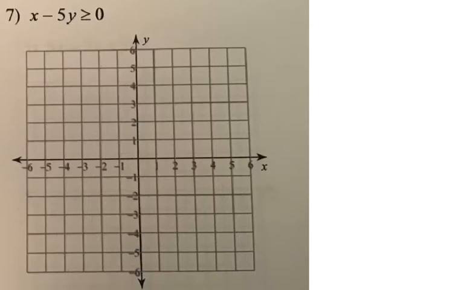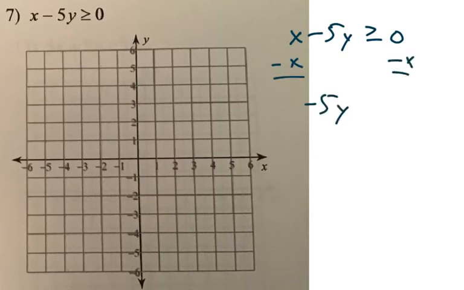Okay, guys, pause the video if you need to, but let's try this one. Here we go. Let me write it over here so I could show all my work together. First thing I'm going to do is minus x both sides. So negative 5y is going to be greater than or equal to 0 minus x, which is just simply negative x. Now watch carefully, guys.